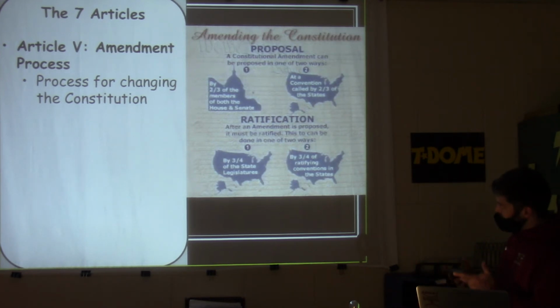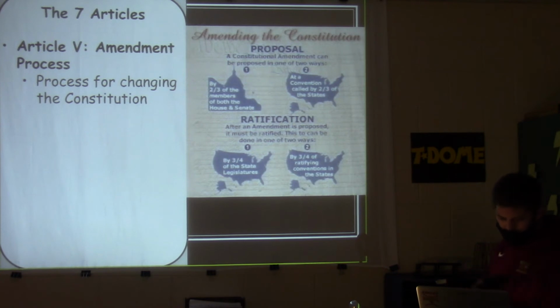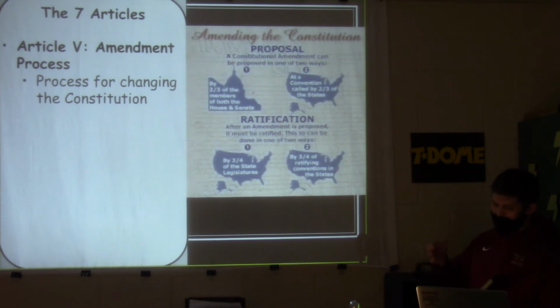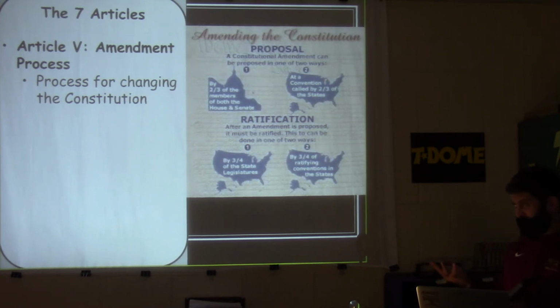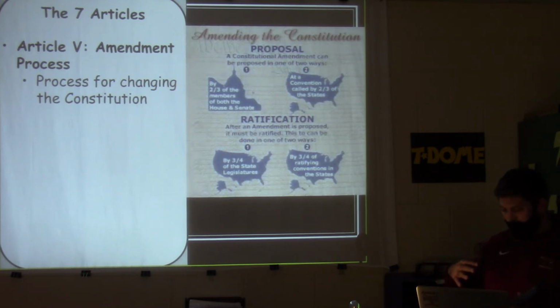So this is the process for changing the Constitution. We'll talk about it a little bit more in depth, but you can see this little graphic here. A constitutional amendment can be proposed in one of two ways. By 2/3 of the members of both the House and the Senate, so 67% of 535 members of Congress, if they vote, okay, we can propose a new amendment.